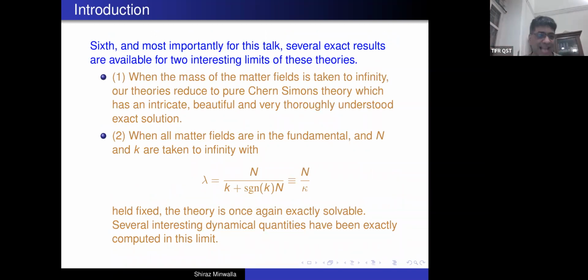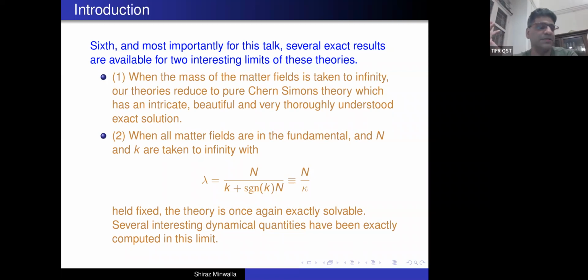And lastly, the last reason to be interested in these theories is that in special limits, they're surprisingly tractable. The first limit in which they're very tractable is, of course, a famous one: when you take all the matter fields and send the masses off to infinity. In this limit, your theory reduces to pure Chern-Simons theory.